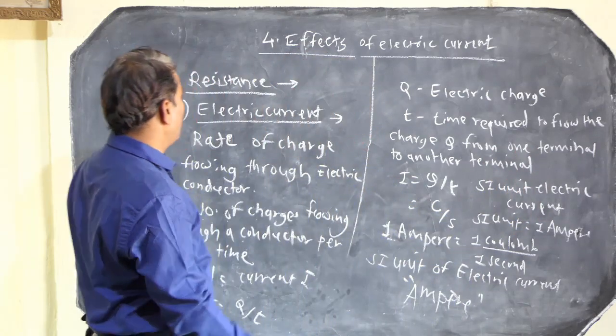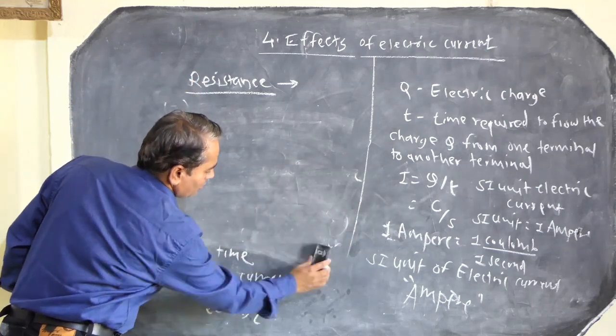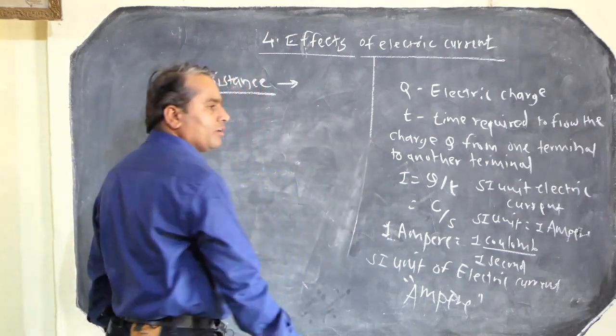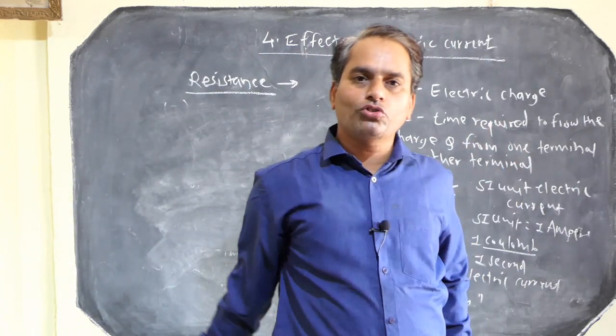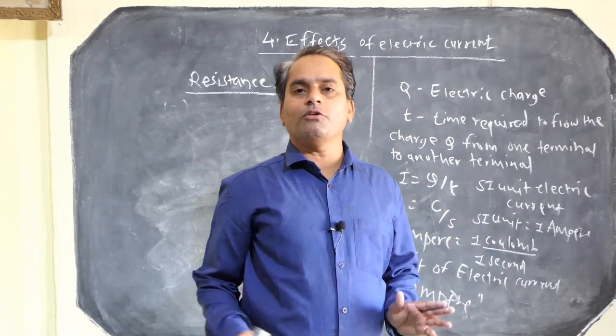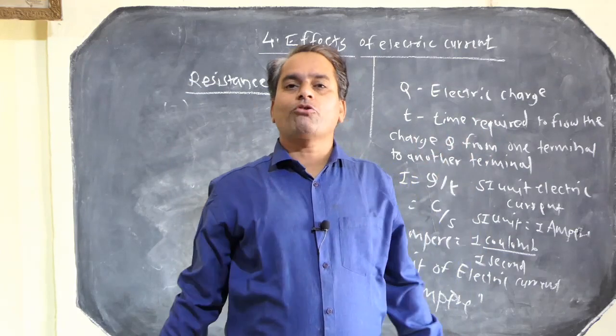We also know the property of resistance. So what is meant by resistance? If we apply some force on another boy or a friend, that friend also opposes us and reacts with us.